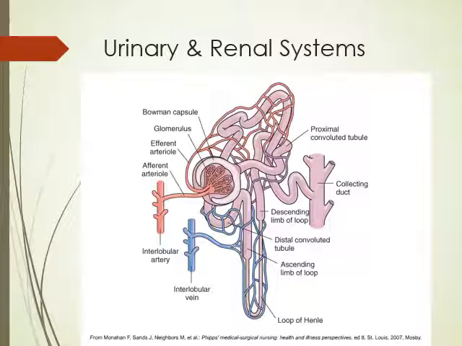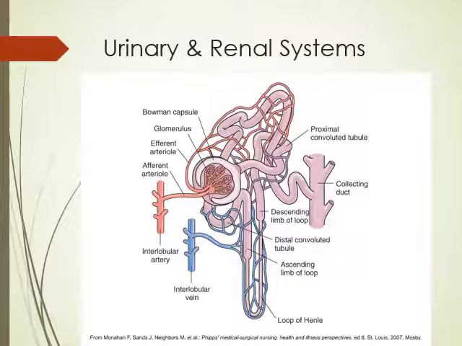Down at the base, you see the loop of Henle. The loop of Henle reabsorbs sodium and chloride in the ascending limb and water in the descending limb, and it's involved in concentration of the filtrate. Your loop of Henle is where the loop diuretics work.